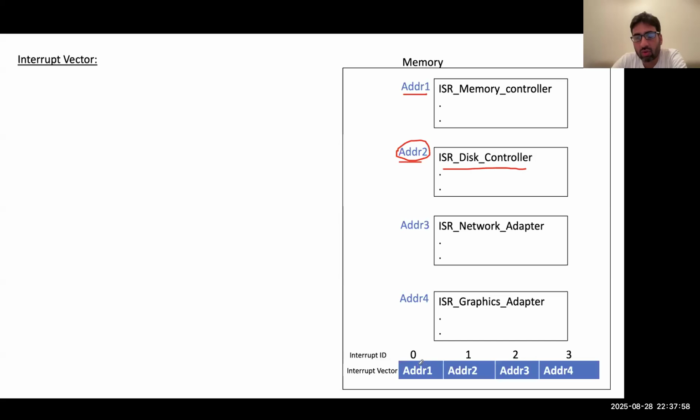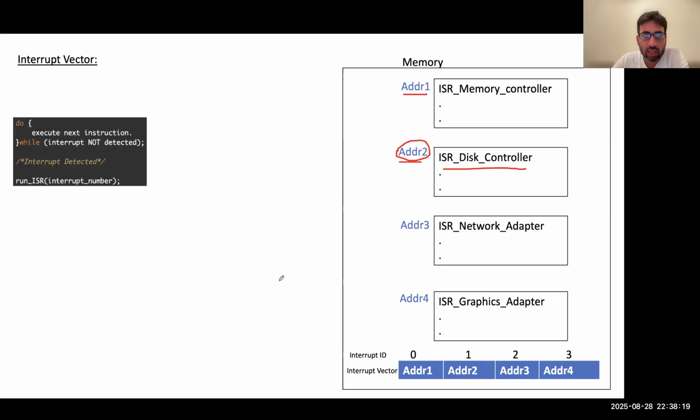And these addresses are stored in each element, in consecutive locations, right? So the first element of the vector or the array is at index 0 and stores the address of the first ISR. Second is at index 1 and stores the address of the second ISR, and so on, right?